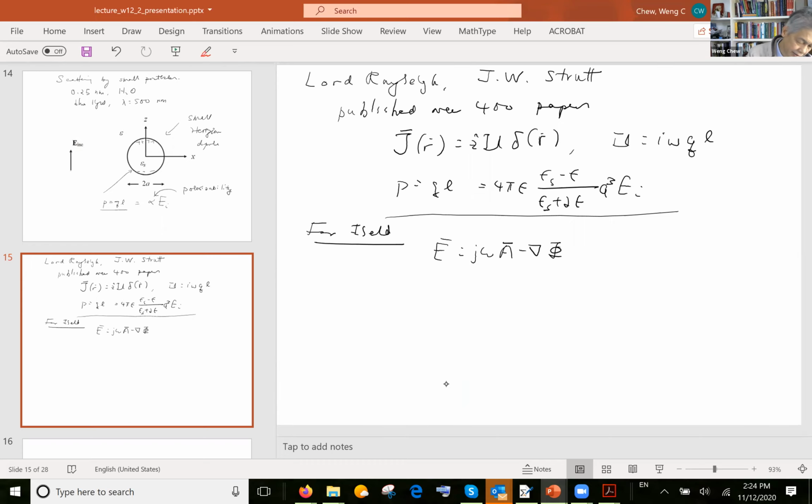And the Lorentz gauge says that the divergence of A and phi are related to each other. Again, this is the Lorentz gauge.